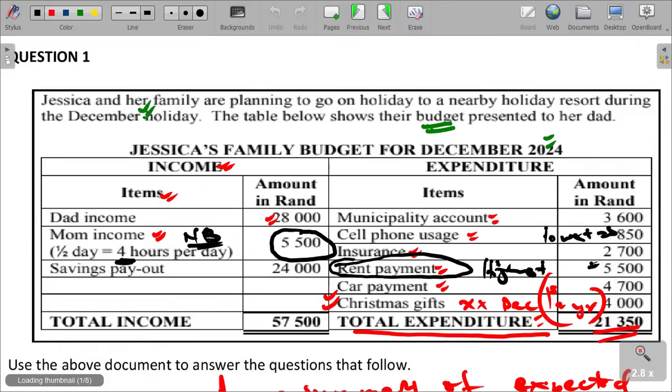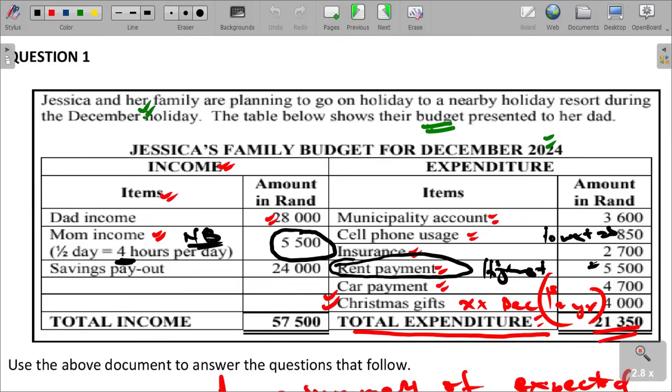Without wasting any time, I want to work this out. I have already worked it, so we want to work it together as a class. Question one says we have a family that is planning a holiday trip to a resort in December. We are given a table that shows their budget, presented to the father.